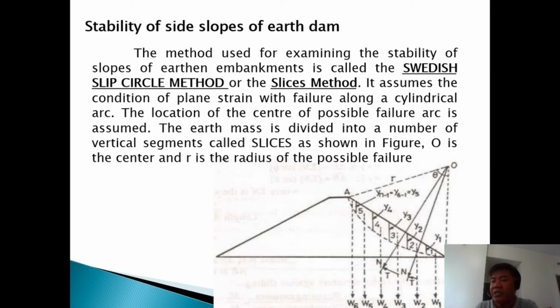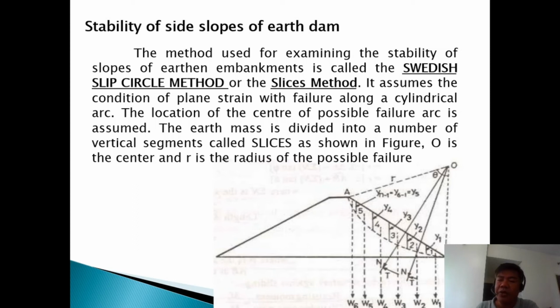The problem is this method is graphical. Some of the exponents and authors of this method say that the more slices you use in the analysis, the closer the calculated value of the factor of safety will be to the exact analysis.